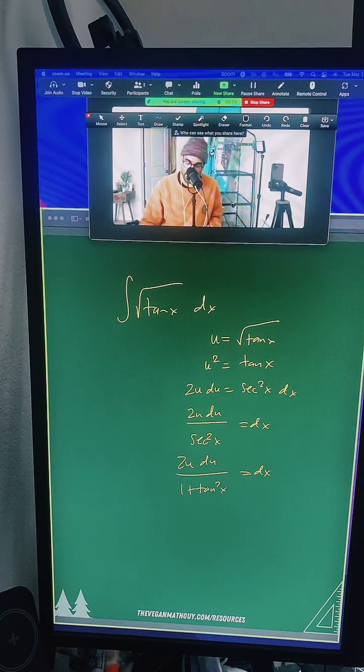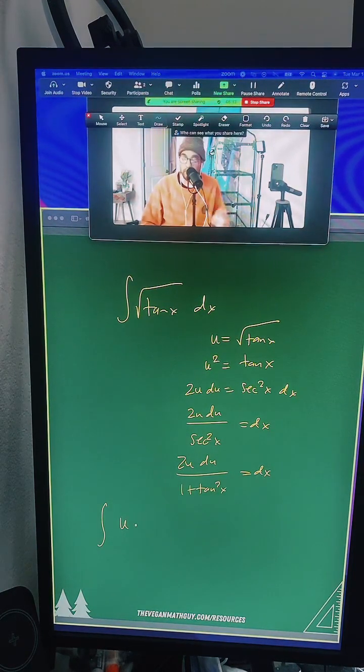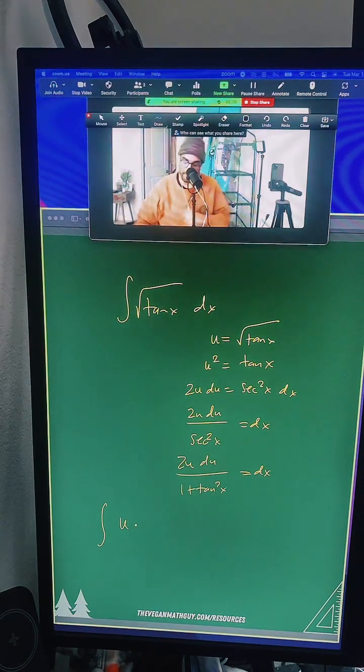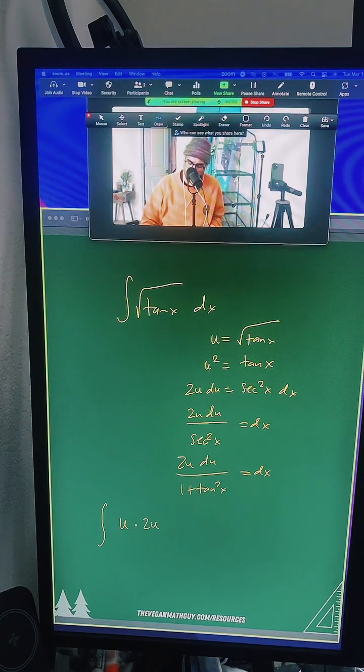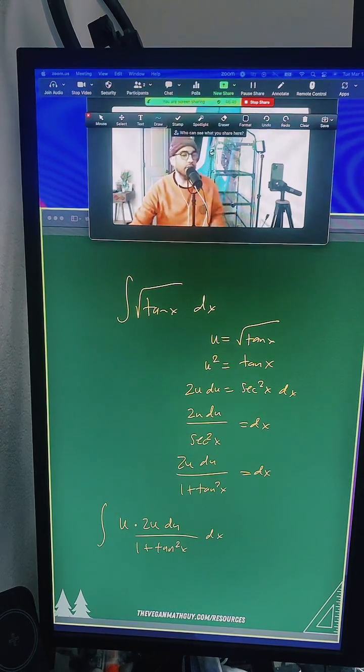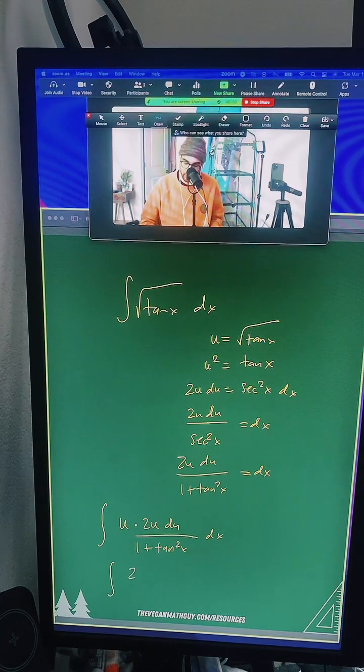And so now what we have is the integral of u times, because our u was the root of tan, 2u du over 1 plus tan squared x. Now, a few things that I'm going to do. I'm going to multiply the u to that 2u to get 2u squared du over, and I'm going to rewrite the bottom as 1 plus u squared.